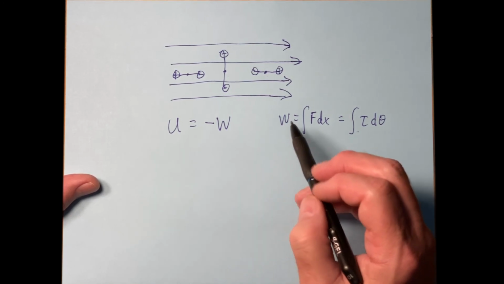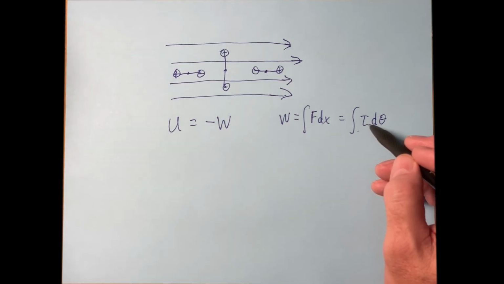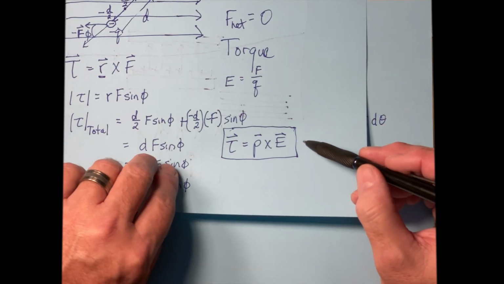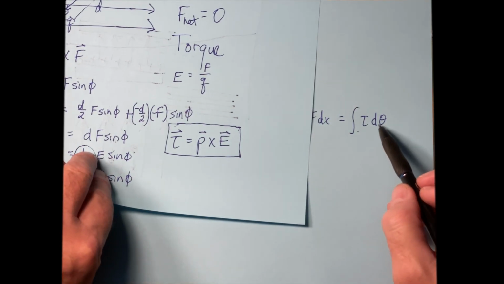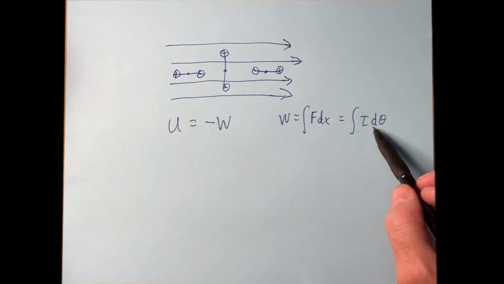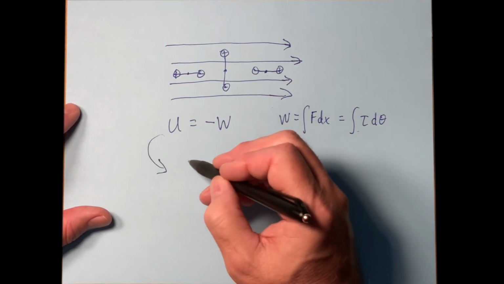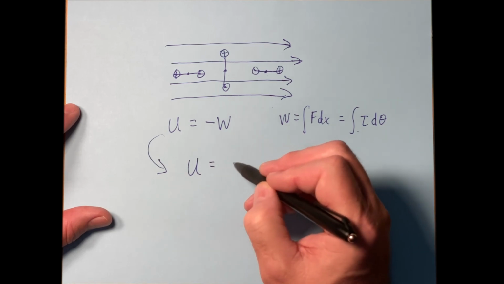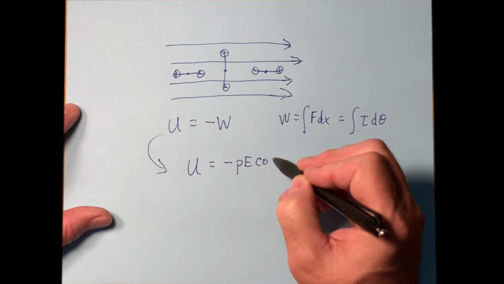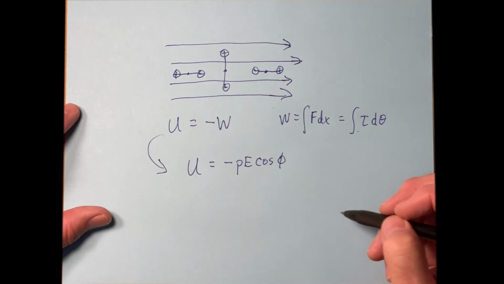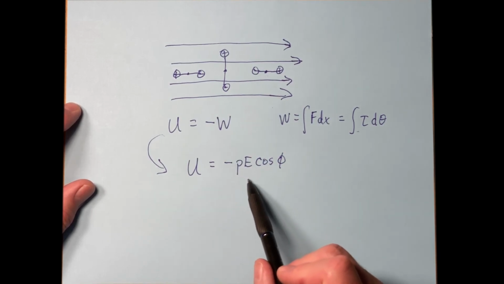Now, if you take this torque that we had previously and plug it in here and integrate it, we're not going to do this integration, but you're going to end up with U equals minus P E times the cosine of the angle. You can work through that and see that that is indeed the case.